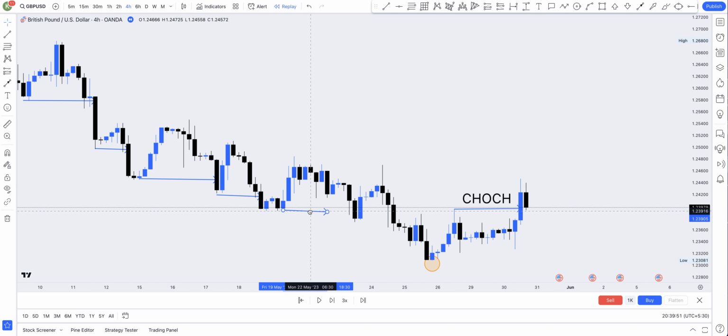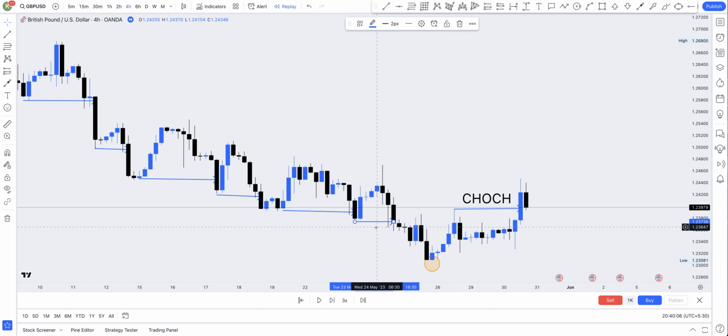Let me do this fast so I don't waste time. Now you can see what is happening here. Price was breaking structure at this point. So we had a break of structure here.